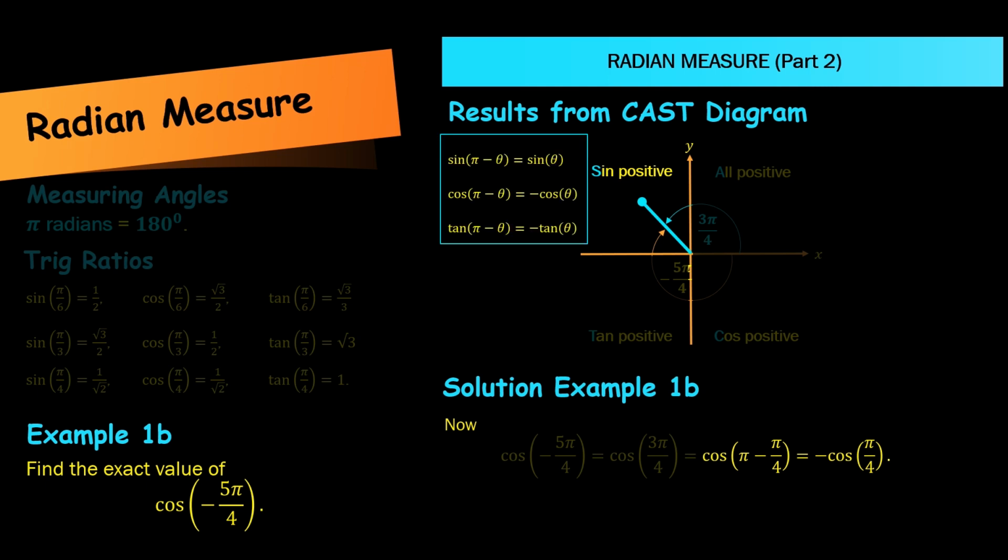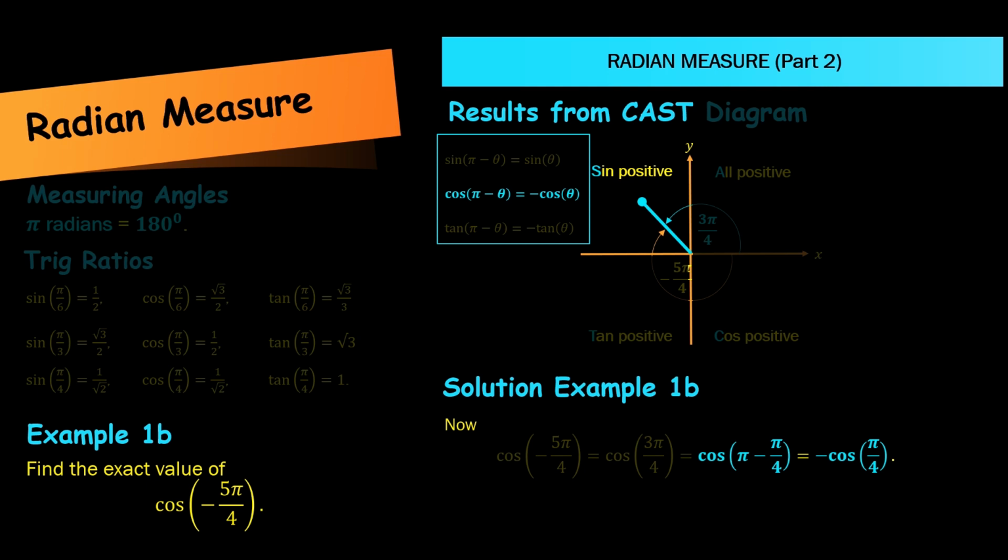These formulas are derived from this quadrant, and this is why we've split pi minus pi by 4 in this way. In particular, we have that cos of pi minus theta equals minus cos theta, and therefore cos of pi minus pi by 4 equals minus cos pi by 4.